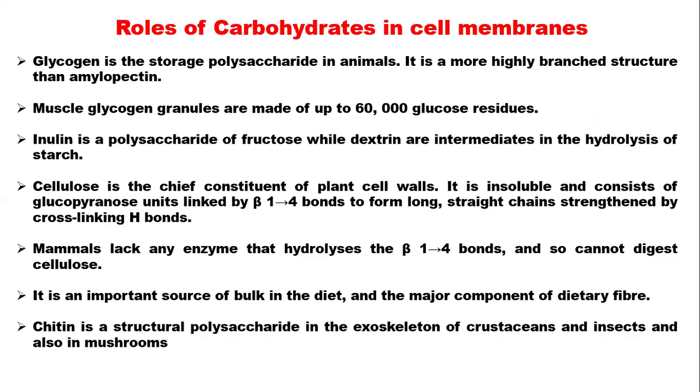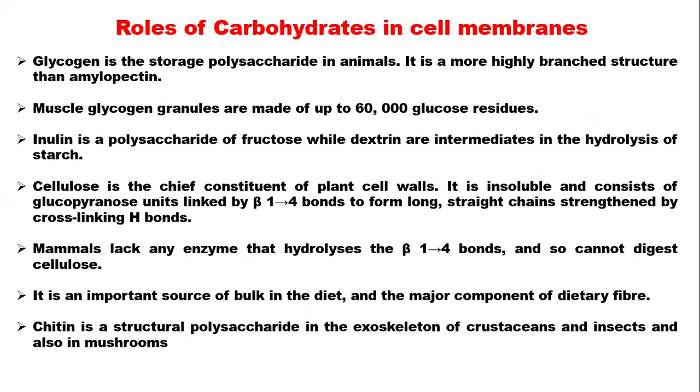So let's look at the roles of carbohydrates. We have glycogen, which we said is the storage polysaccharide in animals. It is a highly branched structure, even more branched than amylopectin. You remember we said starch is the storage form of carbohydrate in plants, right?